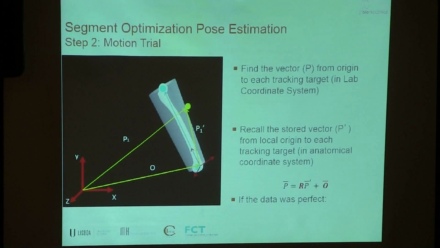So in fact, during the movement, what is estimated is the position of the local reference frame of a segment in relation to the global reference frame, or to any other segment, because they are rigid bodies in 3D space.